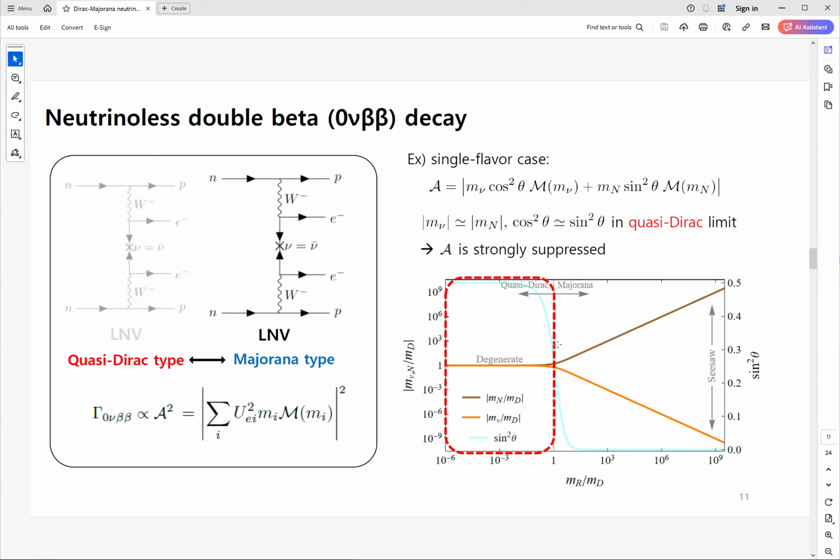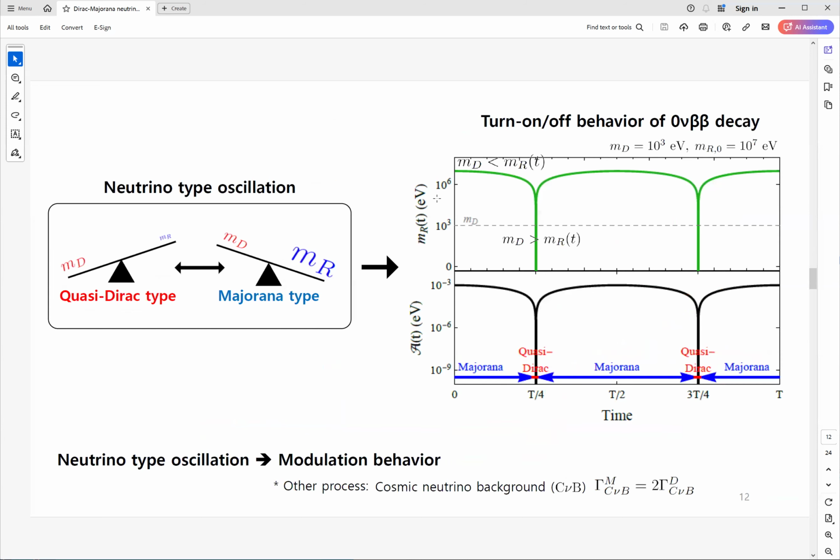The orange line and the brown line correspond to the active neutrino mass and the sterile neutrino mass, both mass eigenstates. In the Majorana limit, there is a seesaw mechanism hierarchy, but in the pseudo-Dirac limit they are almost degenerate. And also in the pseudo-Dirac limit, the active-sterile neutrino mixing, both left and right chiral mixing, sine squared theta, is almost maximal, that is 1/2. So these two terms almost cancel with the opposite sign. So such amplitude A is strongly suppressed in the pseudo-Dirac limit.